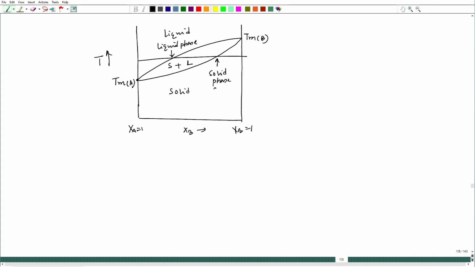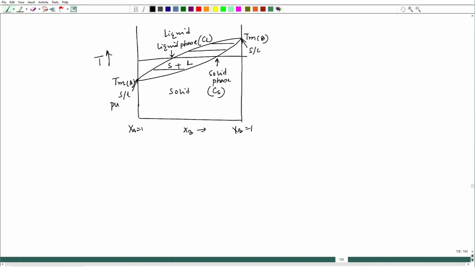Any composition you take in between these two compositions will convert into these two specific compositions of solid and liquid. Any temperature you take, even this point, is also solid and liquid.